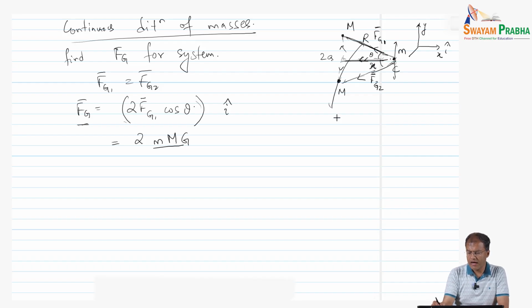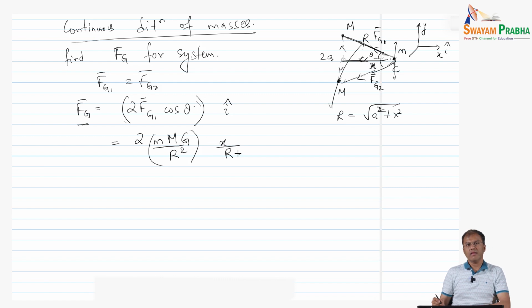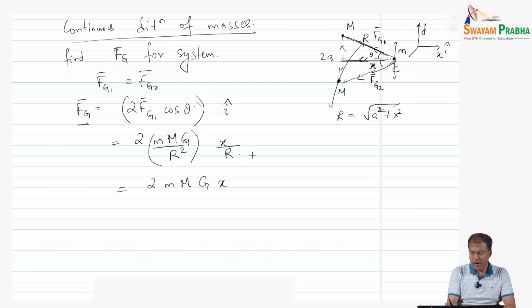And so we have that r is going to be the square root of a squared plus x squared, right? So Fg1 is m M G by r squared times cos theta. So cos theta is going to be x divided by r, right? And then we find that the net gravitational force is 2 m M G x, divided by a squared plus x squared to the power 3 by 2.